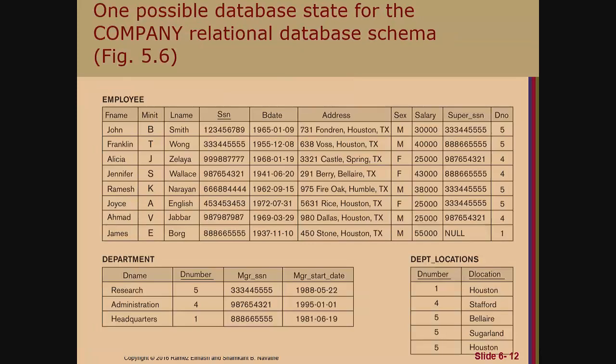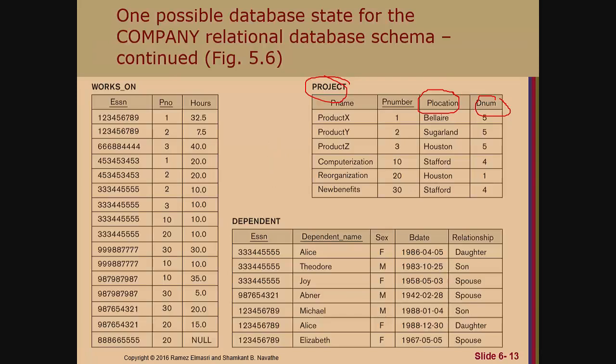In the other table, here department, each department has the manager SSN, and we want the manager's last name. So we need the employee table also to check the last name. And what do they want? Birth date. Last name and birth date, right? So we need 1, 2, 3 tables.